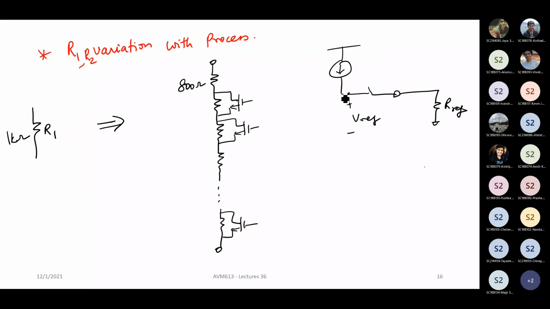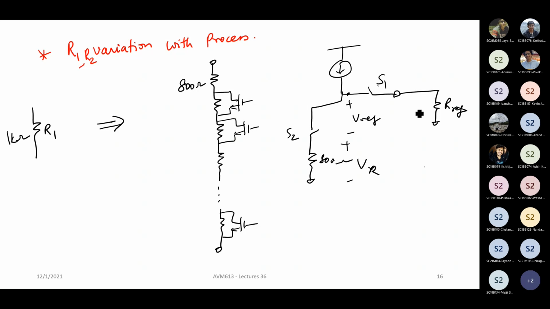And then you will open the switch and you'll bring this current to another identical resistor. Let us say you wanted this 800 ohm, the same 800 ohm resistor, you will connect it. So this is S1, S2, and you'll measure this, let's call it VR. Now this ratio of these two resistances will basically give you how much the resistance has changed, right?